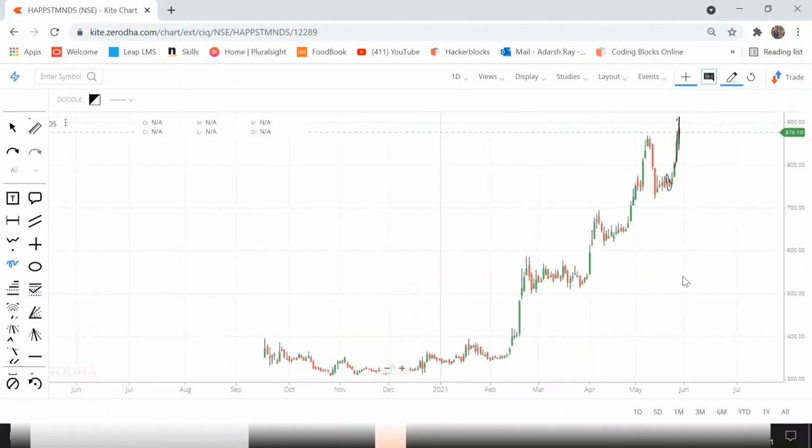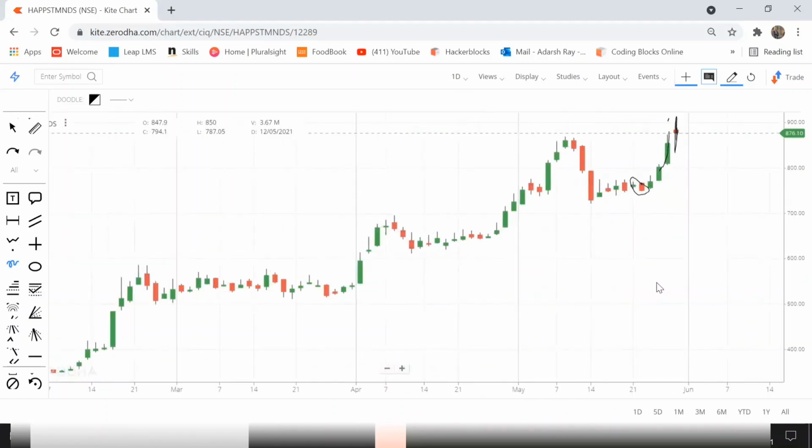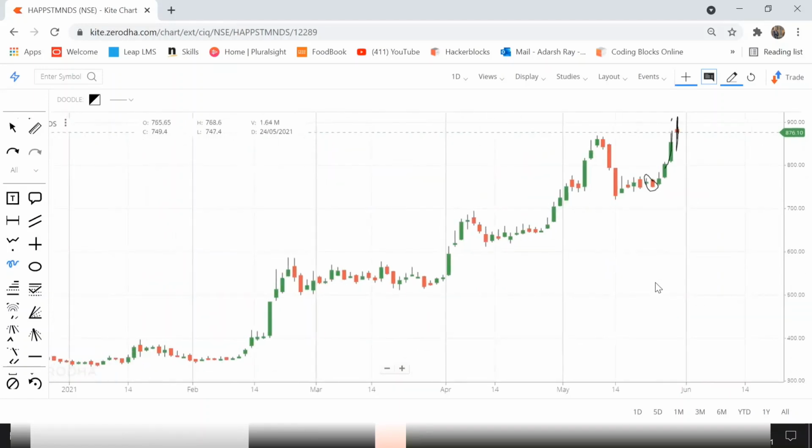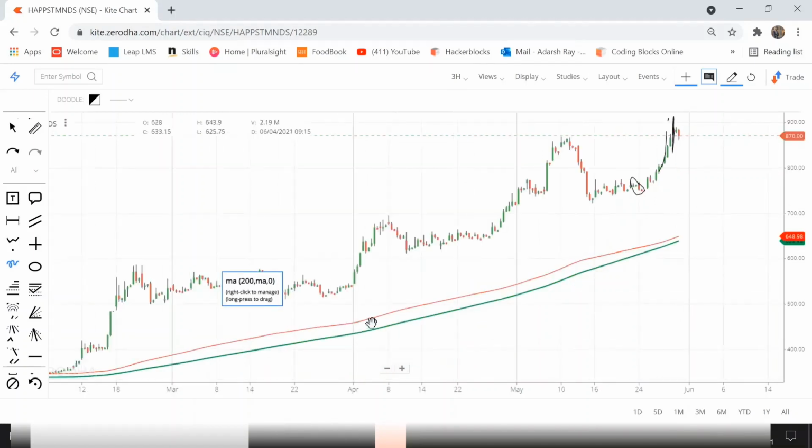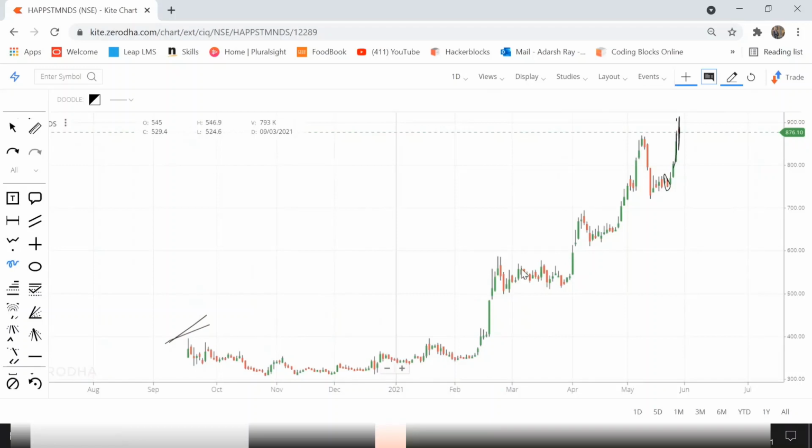I'm not sure why it's not showing on the 1 day time frame. Okay, maybe because there are not 200 candles yet, since it got listed on the market only in September, so I guess 200 candles are not yet created. That's the reason why the 1 day time frame is not showing. Anyway, no issues.